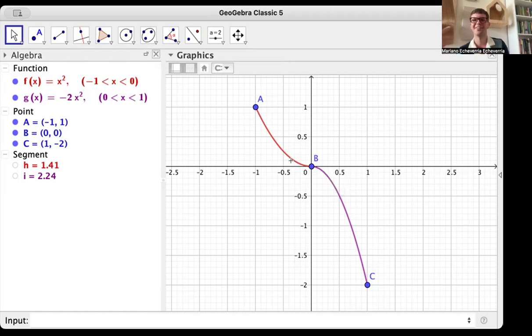But the problem with this parabola type interpolation is that the second derivative is problematic, right? What is the second derivative of the first parabola? It would be 2, just the number 2. It's concave up.